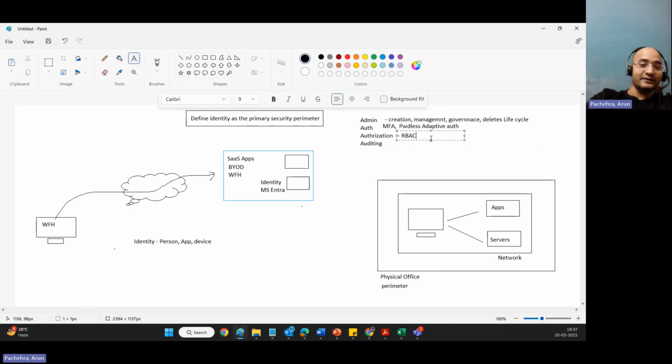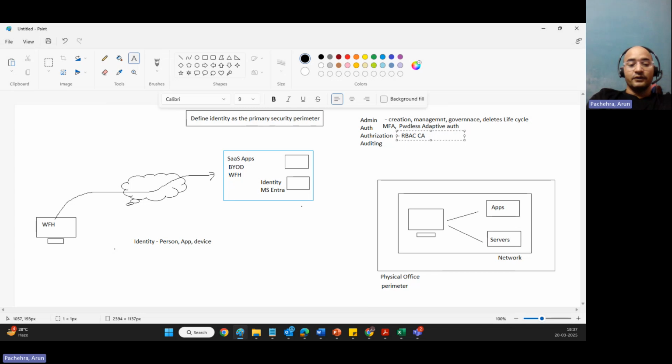Here the least privilege principle comes in authorization. Or we can have conditional access here under authorization, where we only authorize if you are meeting the conditions. Maybe you are accessing from a location that has never been registered, so you need to do the MFA, and only then will it authorize you, right?